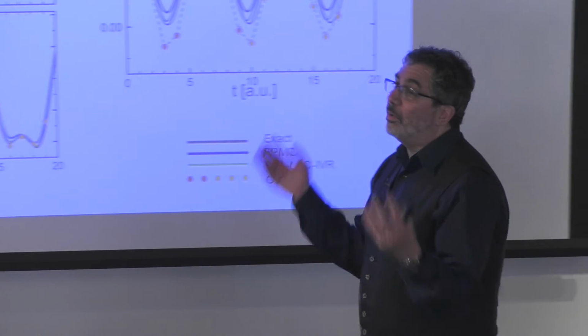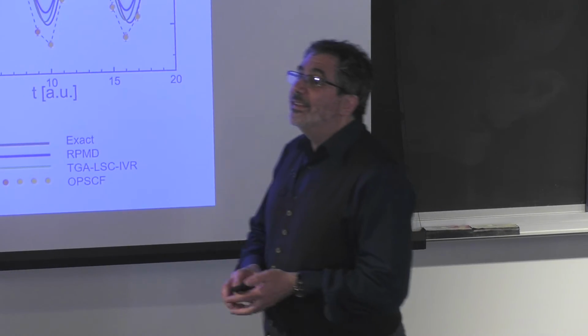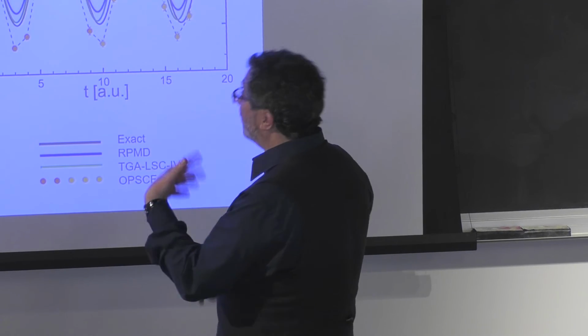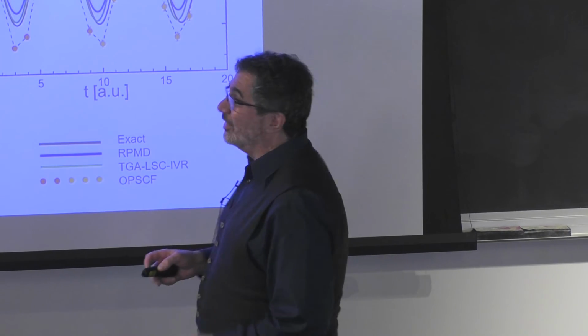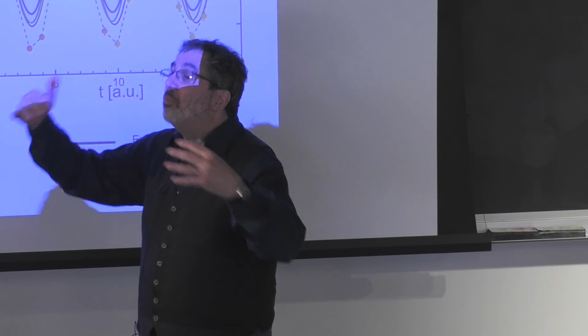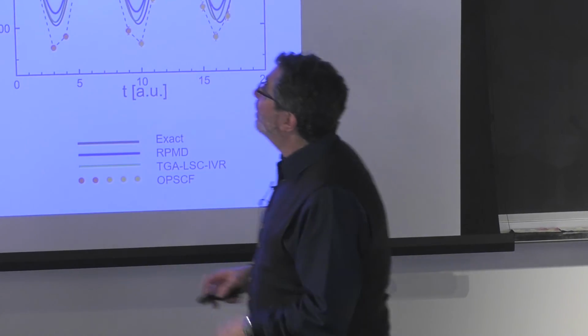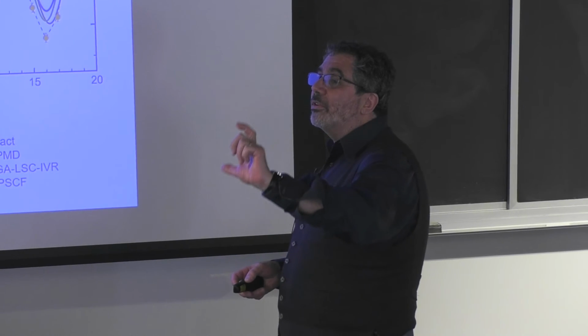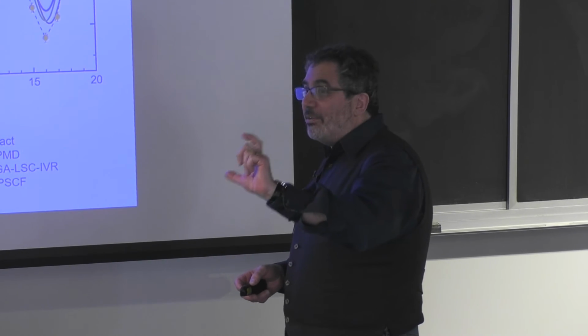So you just do a ring polymer and that's it. All right. Whereas here, when you're trying to do actual correlation functions, as time gets bigger, you need more and more beads. Right? We have to put in more and more beads because you want tau over p to be constant.